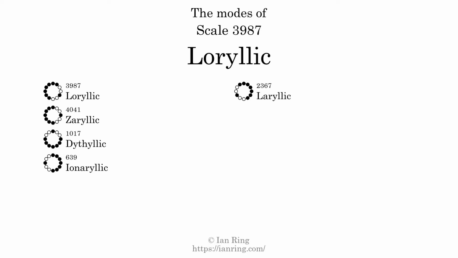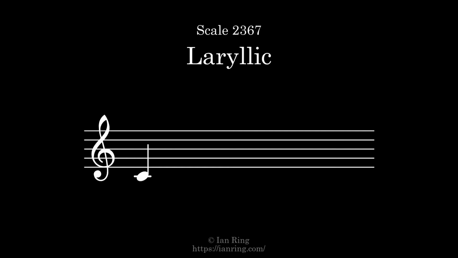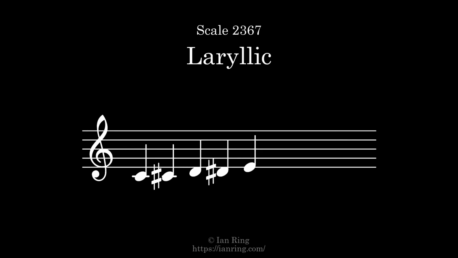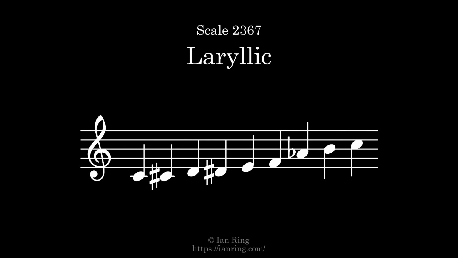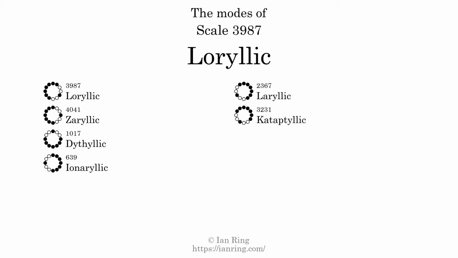The fifth mode is scale 2367, also known as Loryllic. It sounds like this. The sixth mode is scale 3231, also known as cataptilic. It sounds like this.